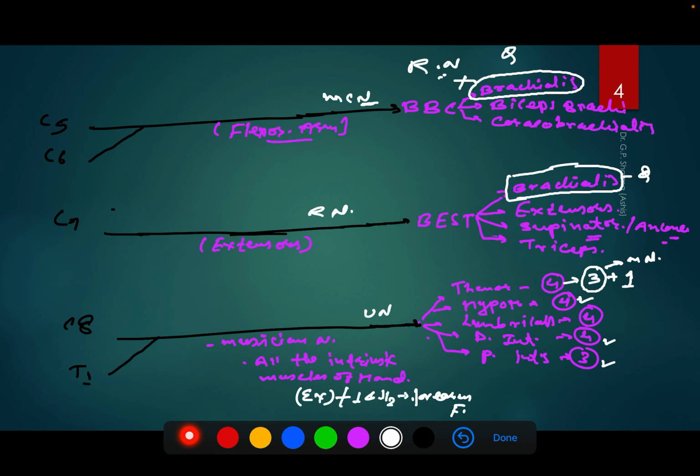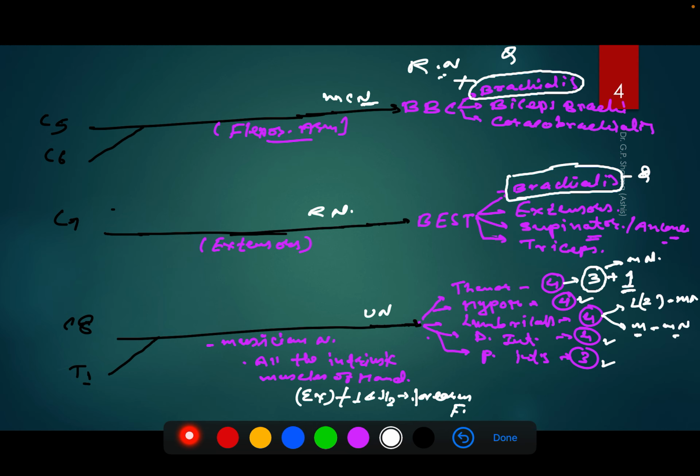This one only is supplied by the ulnar nerve, so let's remember this one. And the lumbricals, we say these 4 lumbricals: 2 lumbricals laterally, 2 lumbricals medially. These 2 lateral lumbricals are supplied by the median nerve, and these 2 medial lumbricals are supplied by the ulnar nerve.